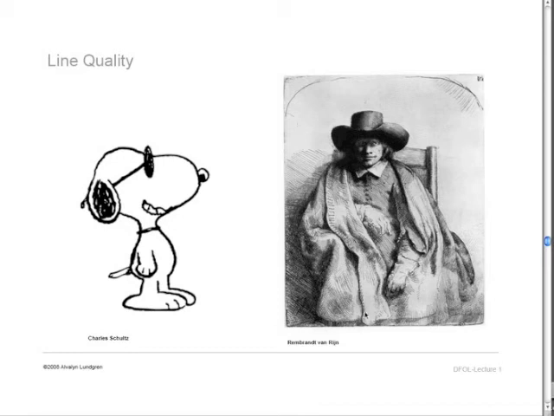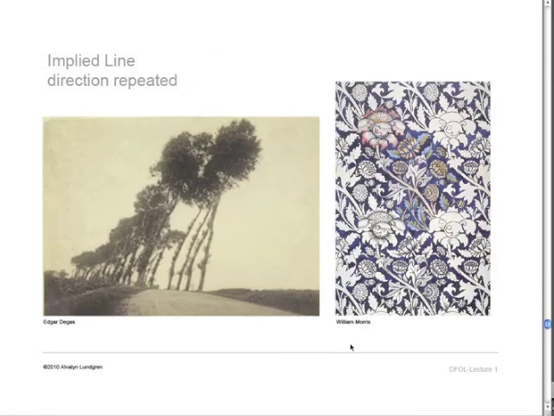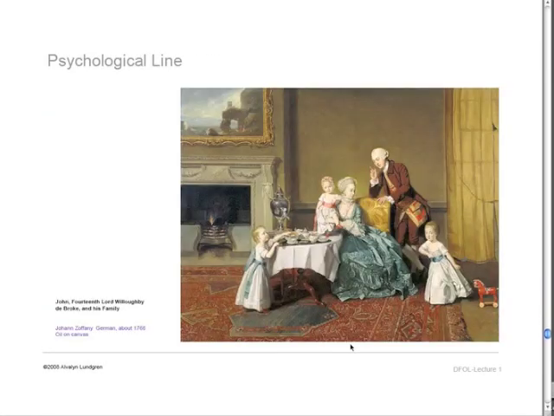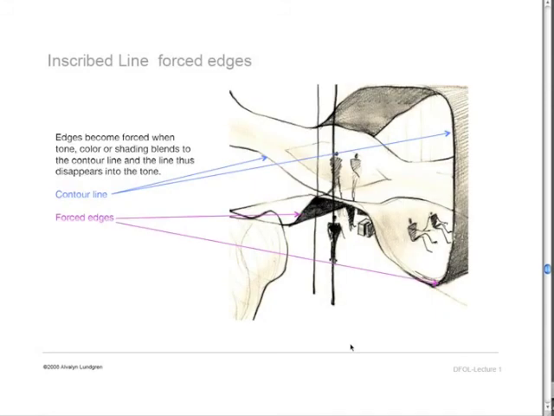We no longer have the line visible. So that would be what we would call a forced edge, and that's an interesting thing to talk about. I'll move forward here a little bit. Actually, I'll go back. We'll get to that. Here we go. A forced edge is something that helps us create the illusion of volume.